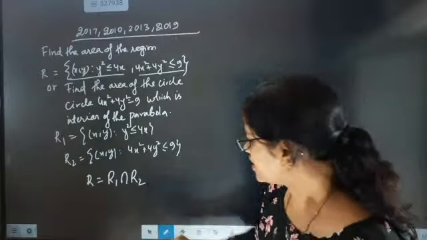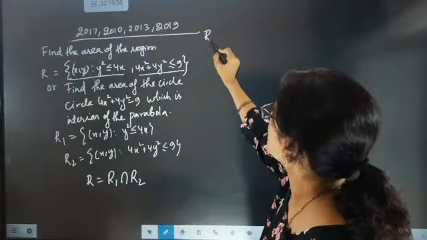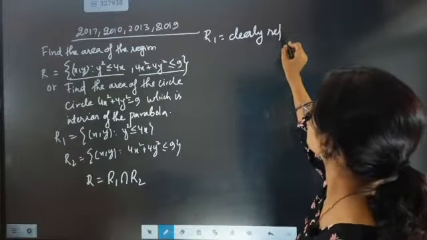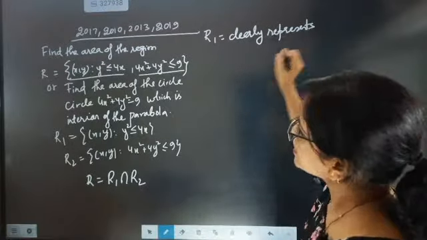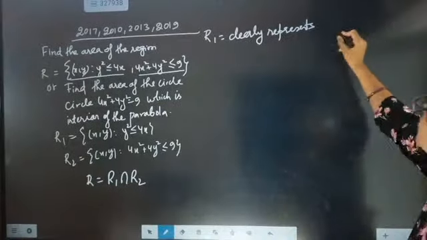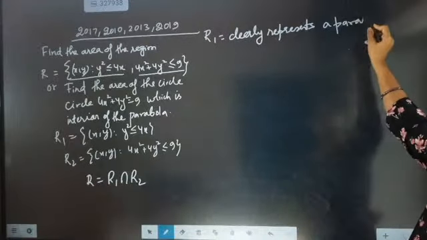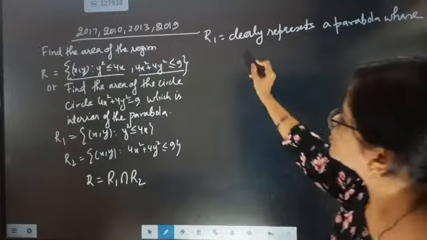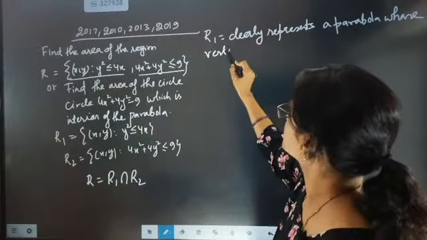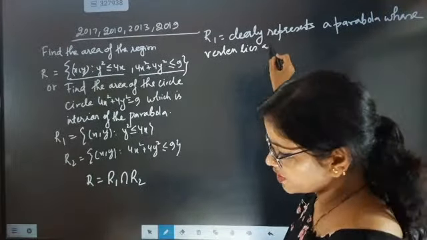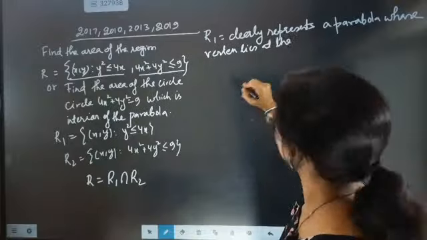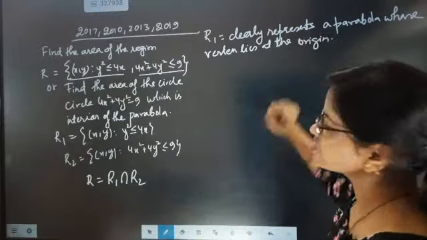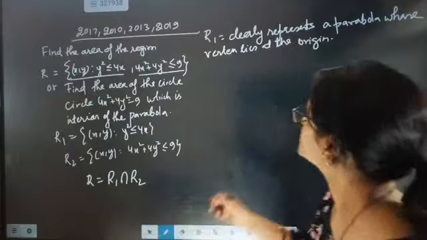So now R1 and R2 mean region R1. R1 clearly represents a parabola whose vertex lies at the origin.